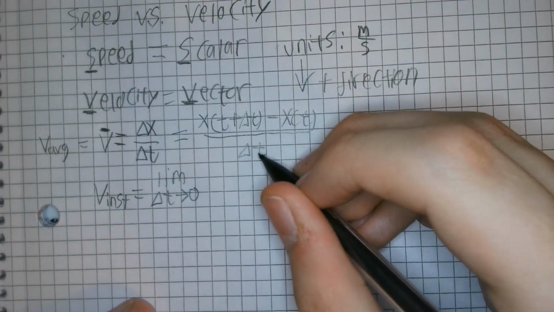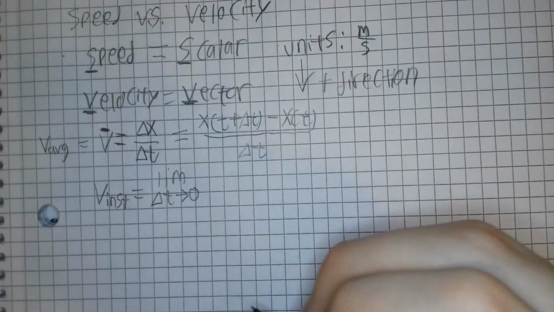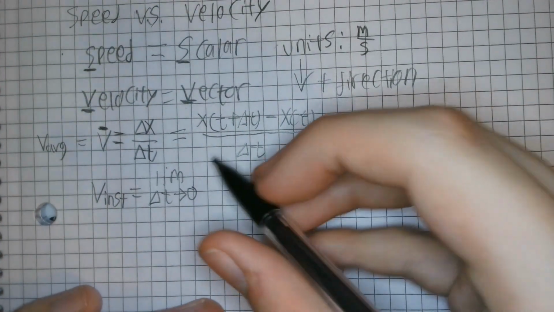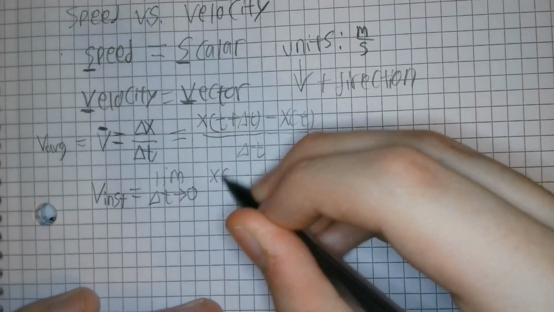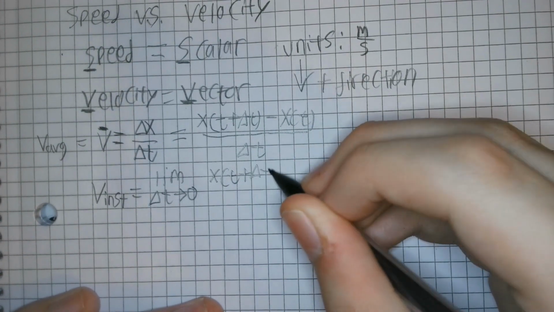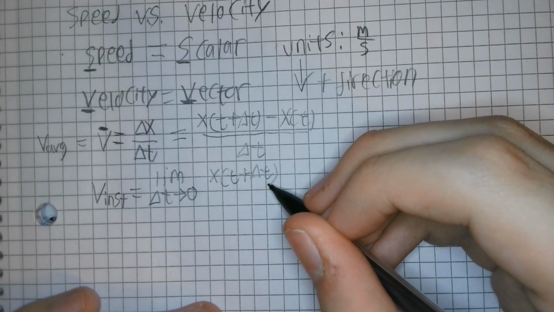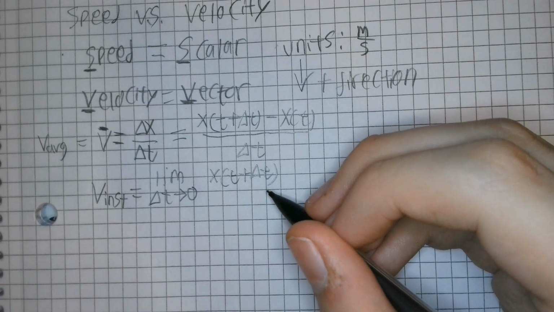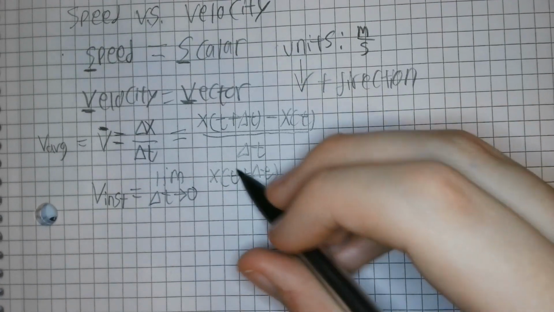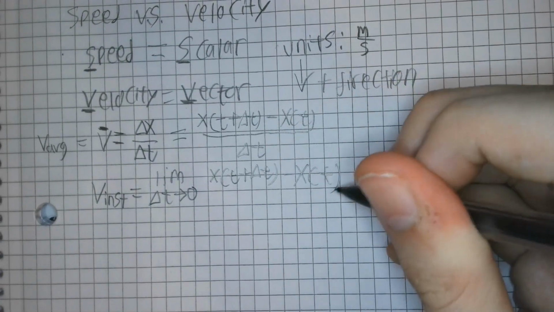Obviously, you can't actually divide by 0, so we can't just plug in 0 for things. But we're going to find the value as it approaches 0. Okay? So what we can find is that the x of time plus the change in time, that change in time will get extremely small, and this will nearly be equal to the x at some time t.